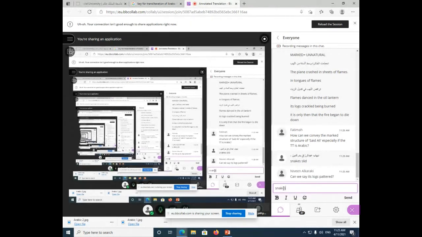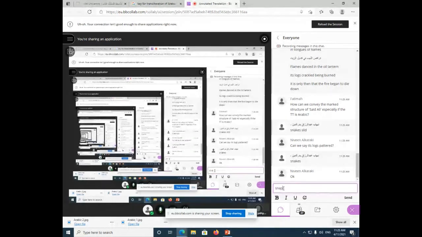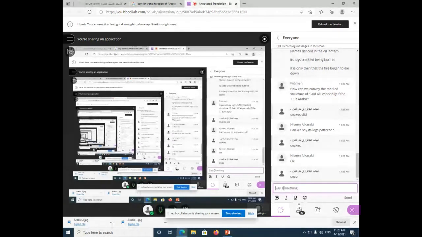Can we say it looks pattered? Okay. The problem with pattered is that it is a spontaneous action which is not necessarily caused by fire. We have also snapped, for example, snap, to snap.